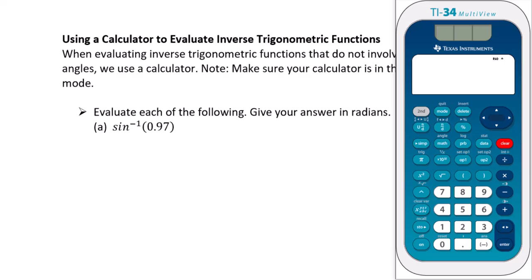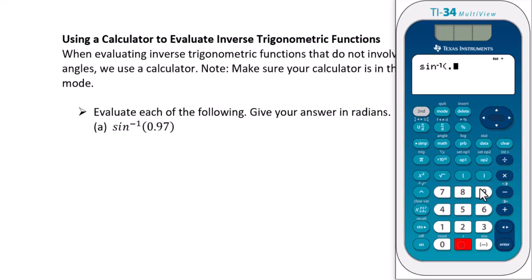Here we have the inverse sine of 0.97. This means in radians we were given some angle and the sine of it was 0.97. So we're going to go into our trig menu and scroll down to inverse sine. And I know that I have to use the calculator here because 0.97 is not one of our special trig values.